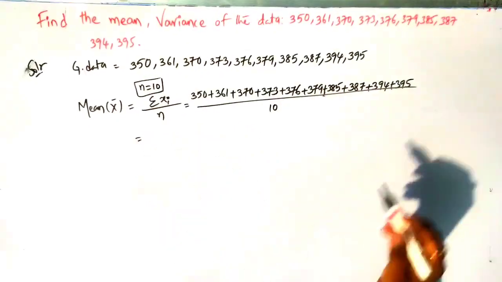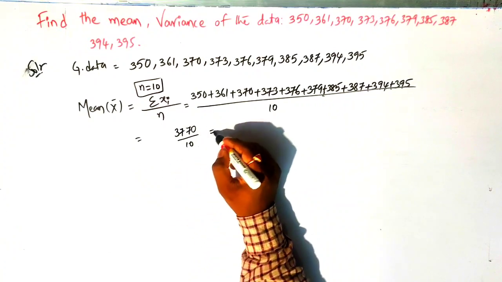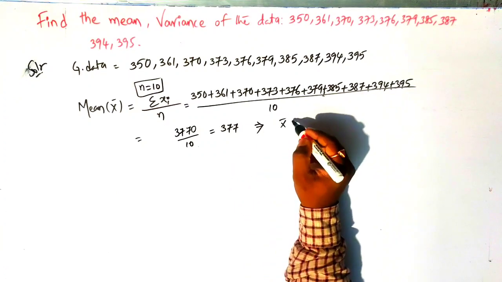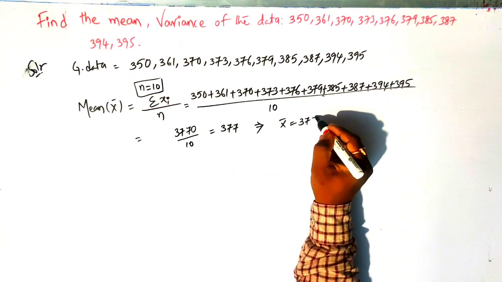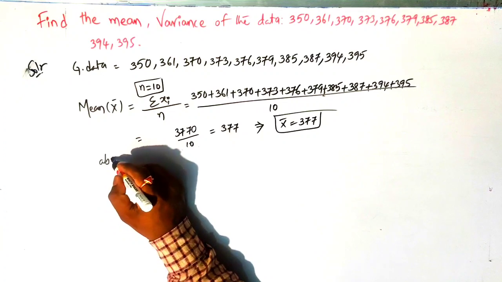So adding these, we get the sum, divided by 10. So 377 is the mean. That implies x bar equals 377. Okay. So in finding the variance, we first find the absolute values. Clear?